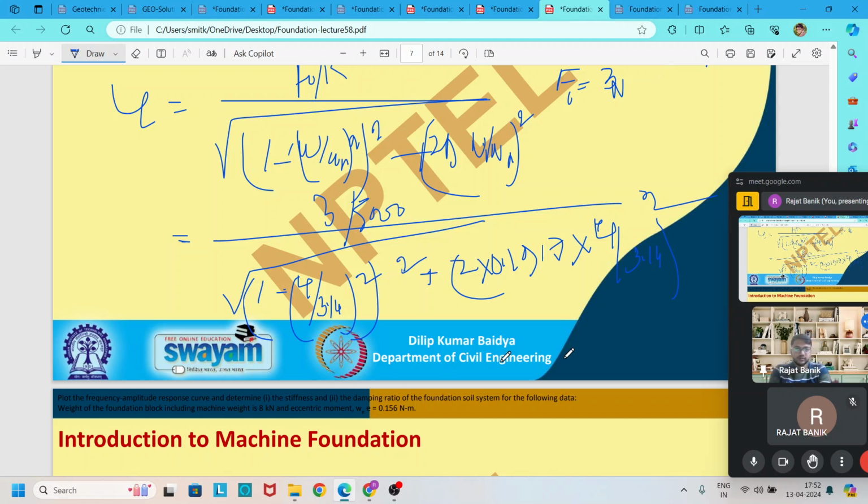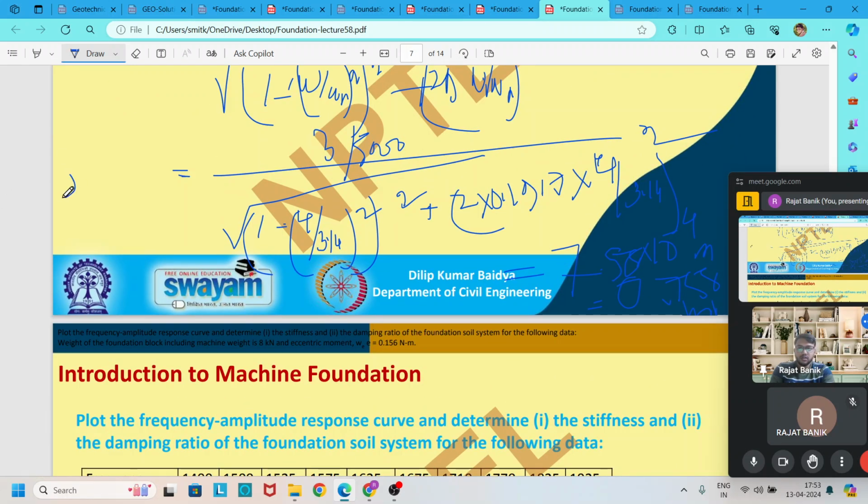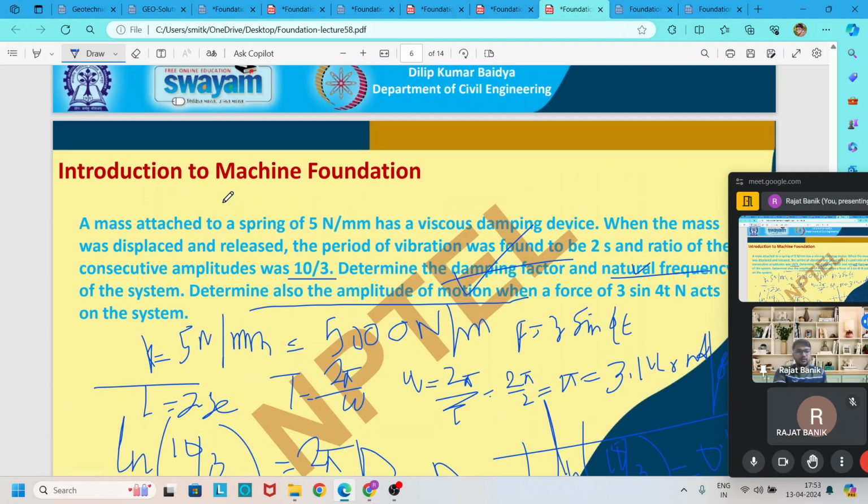The answer is 7.58 into 10 to the power minus 4 in meter. If you convert it into mm, it is equal to 0.758 mm. So our answer is 0.758 mm. I think it is understood by everyone.